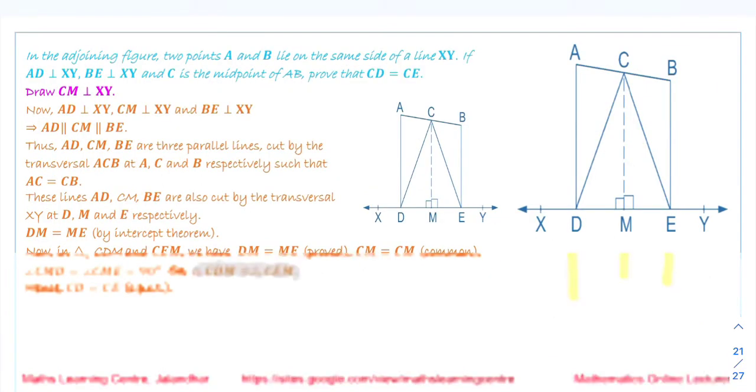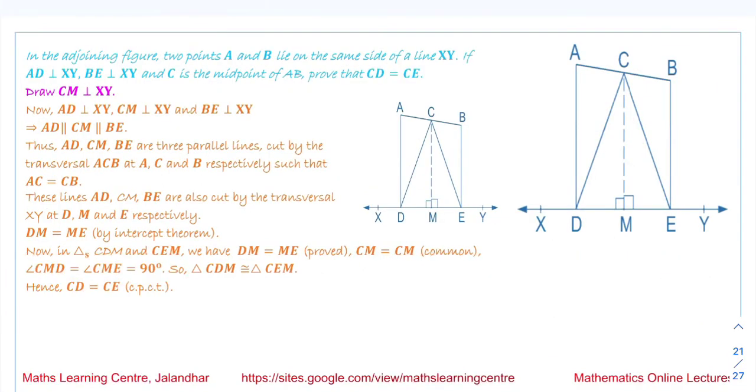Next, we are given 2 points A and B which lie on the same side of the line XY. So we are saying a line XY is given to us. This is our line XY, and these are the points A and B which lie on the same side of the line XY.